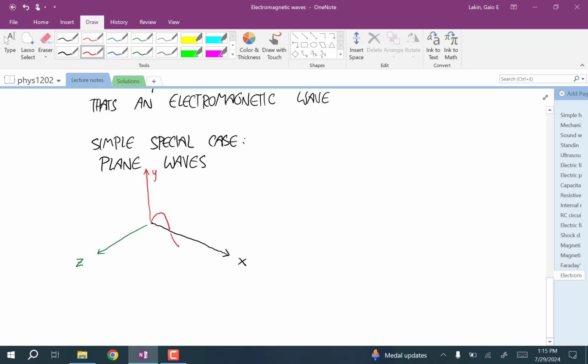And in time, you're going to get electric field vectors that look like this.